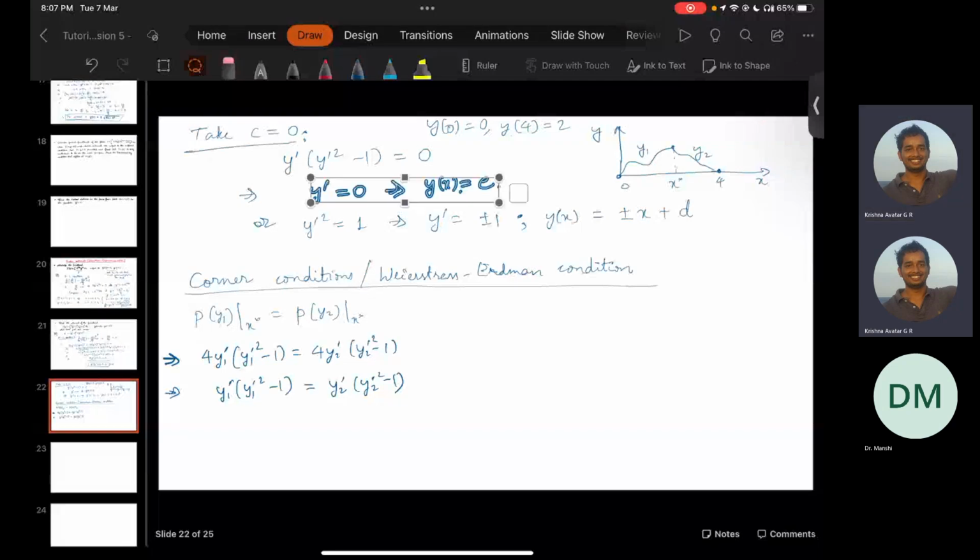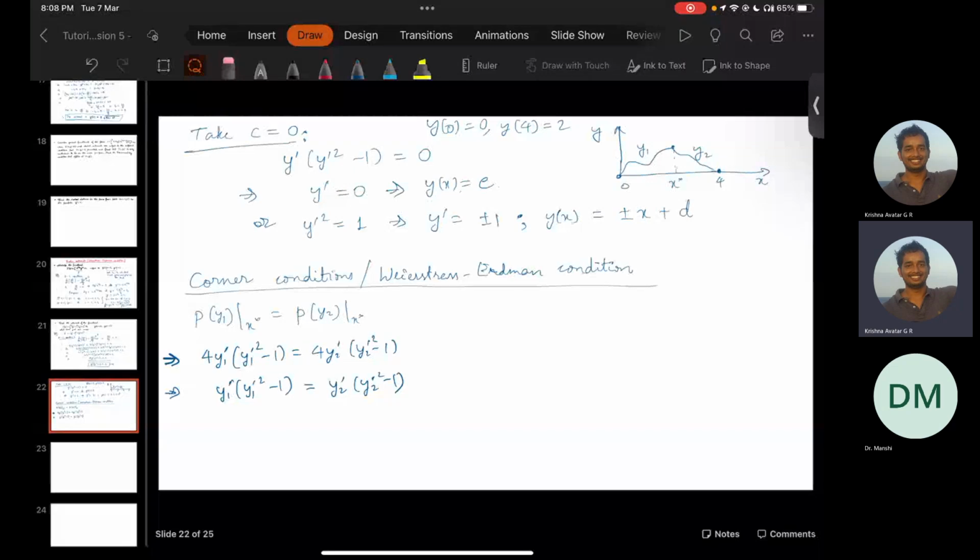So we cannot have this condition anywhere. This is not possible. Since we are required to take just one corner point, at least one of the extremals, either y1 or y2, has to have this condition. So it's now very clear that this will always be of the form 0 is equal to 0.